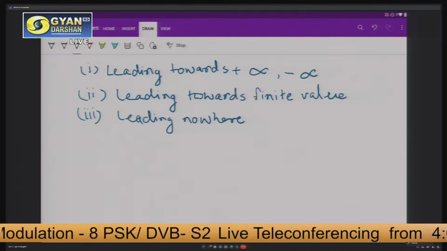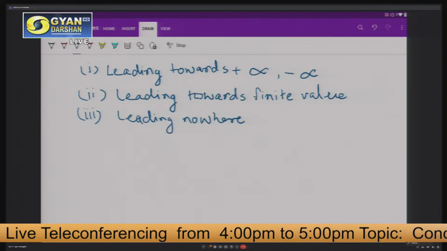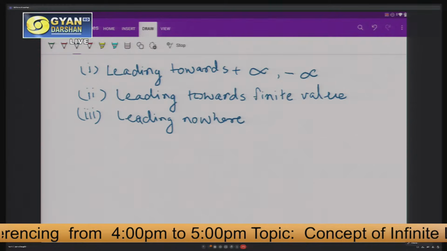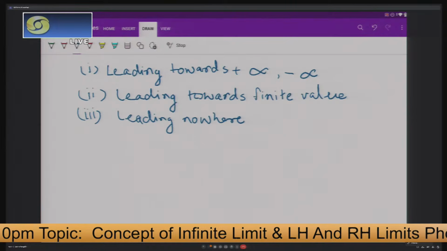So what is important here? The second one, those sequences which are leading towards some finite value. That is important.